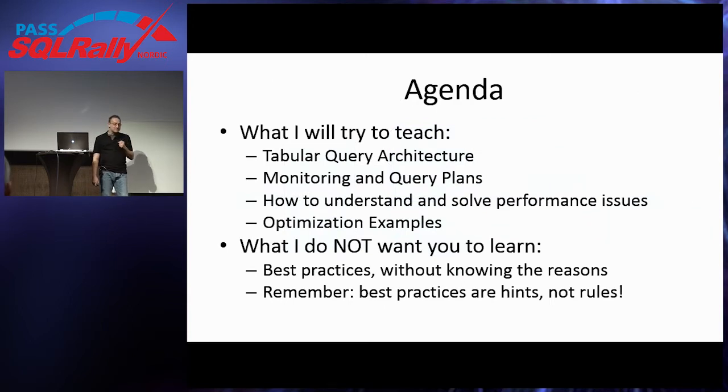So in the agenda today, I will try to explain to you how to understand the best way to optimize a query, how to use the profiler to understand what the engine does when a query needs to be resolved, and how to solve a performance issue. Solving a performance issue means understanding to which extent you can go in optimizing a query.